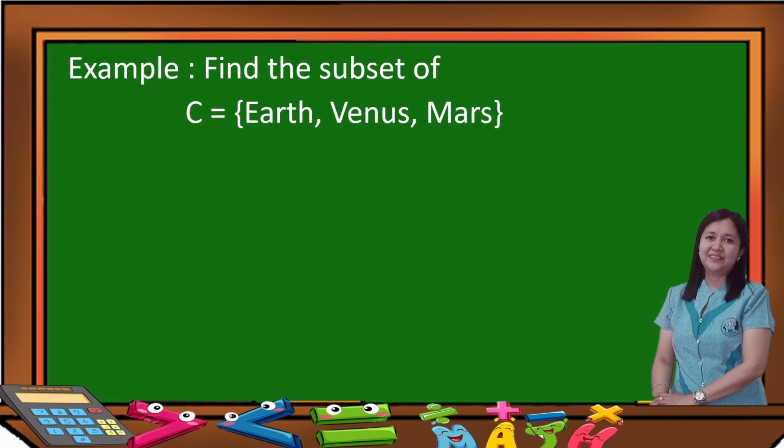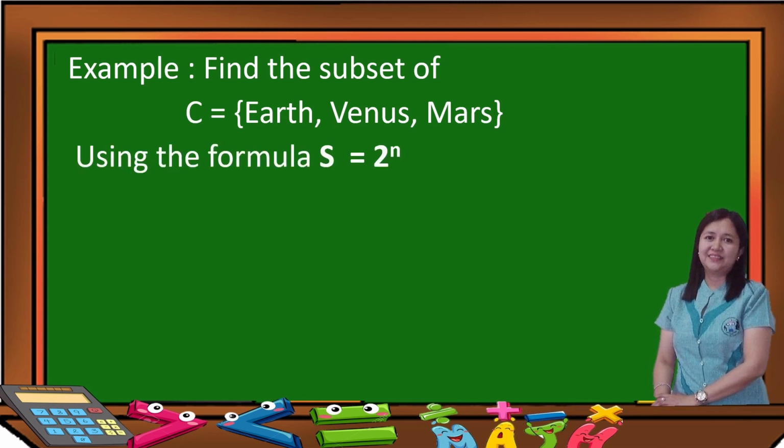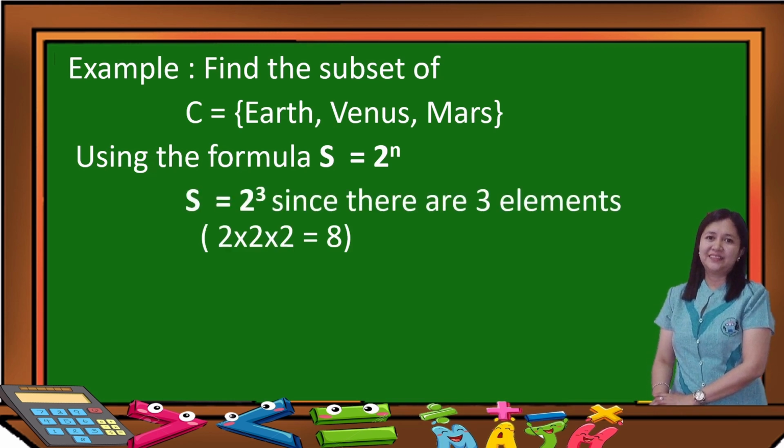Okay, now let us use the formula. Example, find the number of subsets of Earth, Venus, and Mars. So the formula is S is equal to 2 raised to n. So S is equal to 2 cubed since there are 3 elements. n stands for the number of elements. So how many are they? Earth, Venus, Mars. So 3. Therefore, our base is 2, so we are going to multiply 2 by itself 3 times.